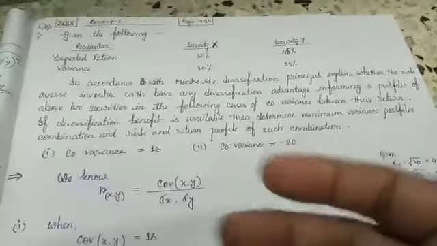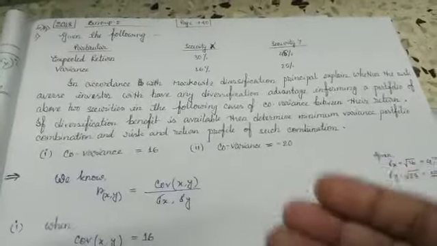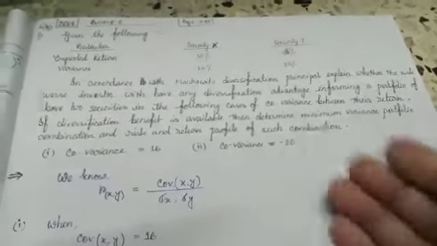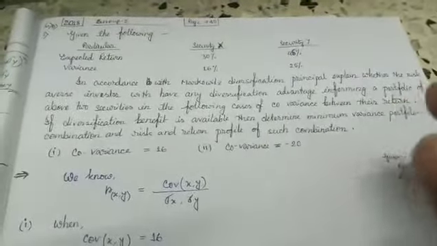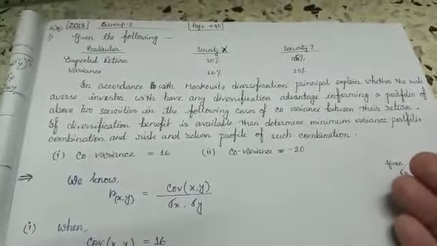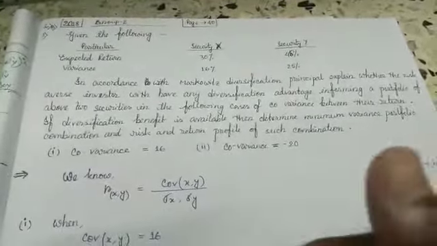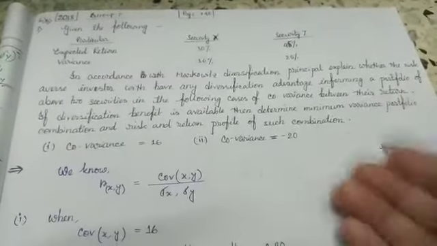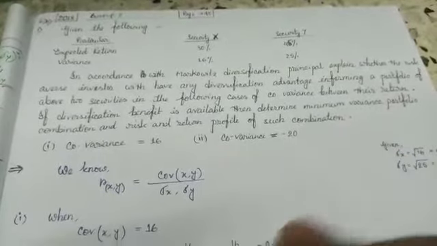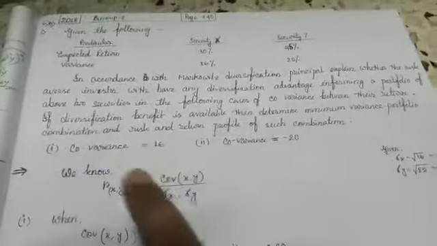If there is any diversification benefit, then we have to calculate the weight to be taken for security X and security Y, and for these weights, what will be the expected return of the portfolio and what will be the risk associated with the portfolio. That is also to be calculated here. Now for the first question, covariance is given as 60.